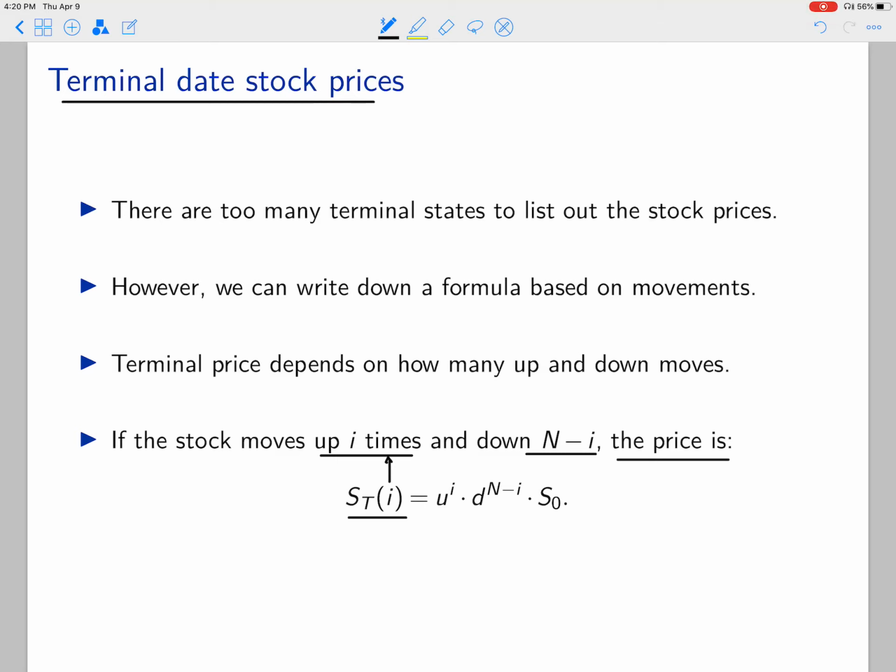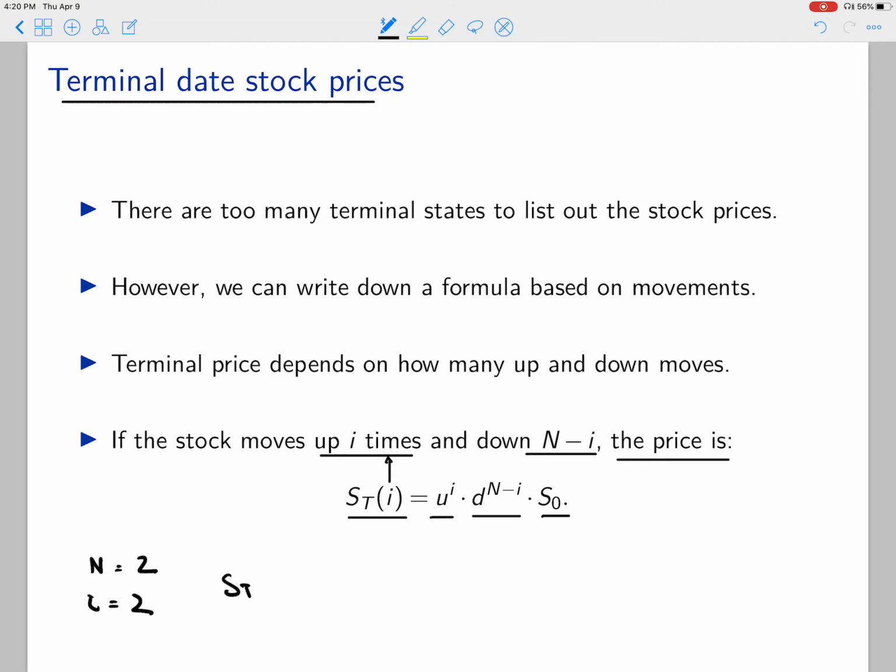And this is just going to equal the gross rate of return U raised to the ith power, times the gross rate of return in a down movement D to the n minus ith power, times the initial stock price S0. You don't really need to know how to get this formula exactly, but it should be intuitive based on our two-period binomial model. Think of just reconciling this with what we've done before. So for example, suppose that we have n equals 2, and say we have 2 total up movements, then what is the stock price?